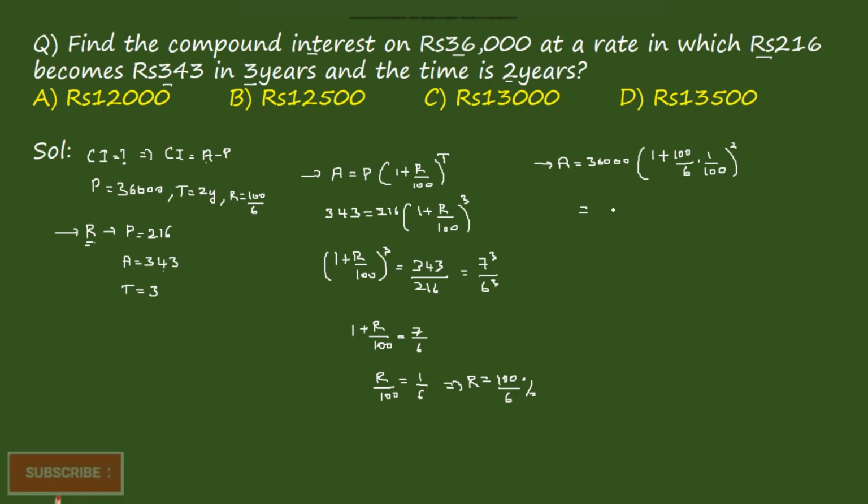The 100 gets cancelled, so it becomes 36,000 into 7 square by 6 square, right? So it goes by 1000, which is equal to 49,000, right? So we got the amount.